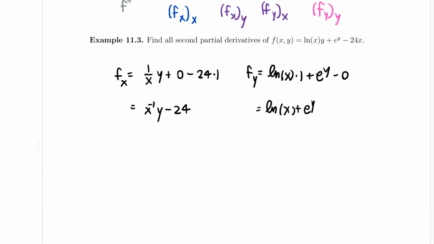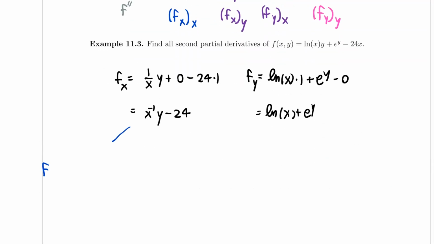If I want to find f xx, I take the derivative of this again with respect to x. So x to the negative 1 becomes negative 1 times x to the negative 2. I think of y as a number, so that just stays there. However, 24 here is just a number, so when I take the derivative, it becomes 0.